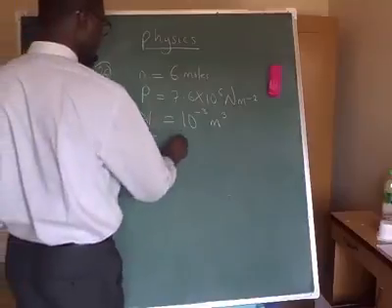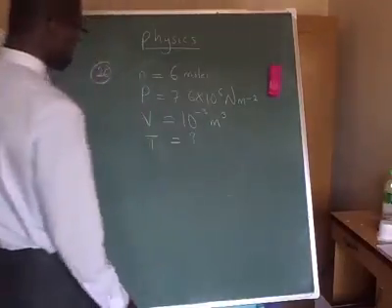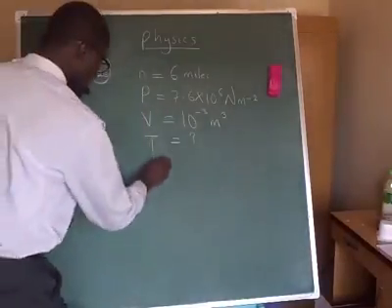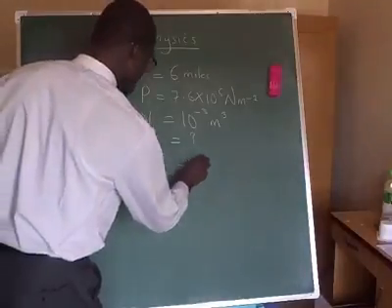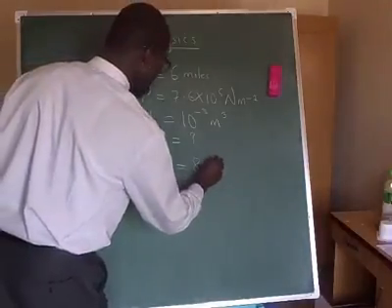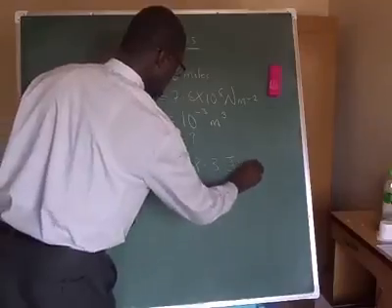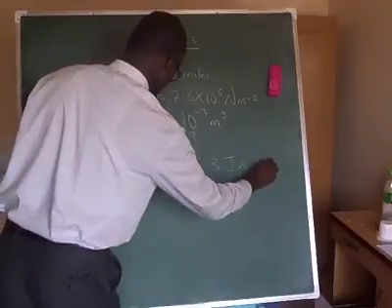We're looking for temperature, and R, which is a constant, is given as 8.3 joules per mole per Kelvin.